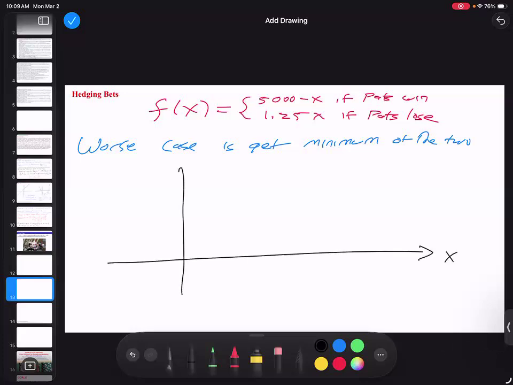So here's X, and here is the money that I get. If X is 0, what would I have? So if X is 0, how much money would I get? Worst case, it's 0, right?